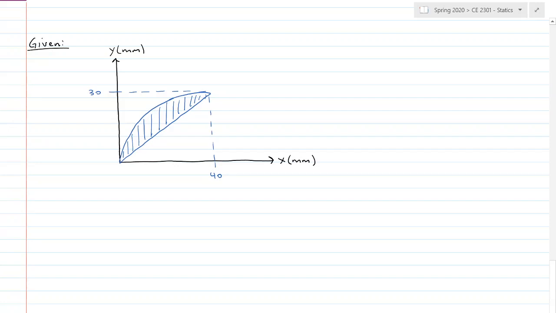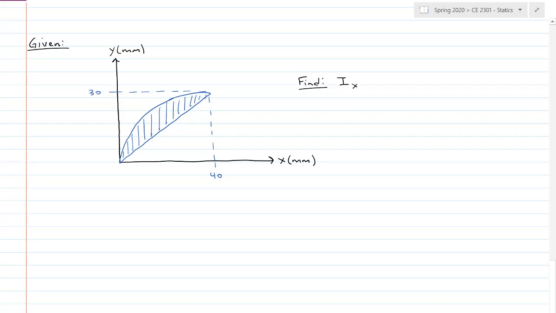Okay, I want to find the moment of inertia about the x-axis. All right. This is not continuous about any axis.